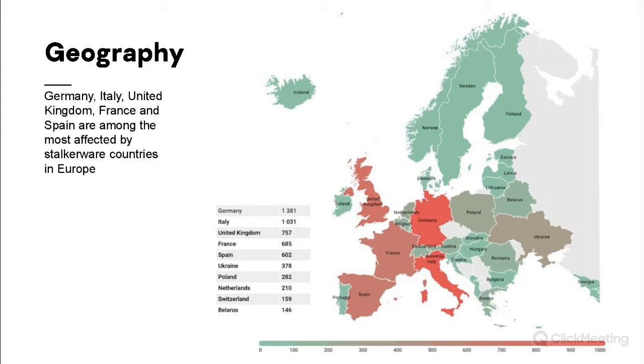And we can see in dark or bright red, Germany and Italy being the most affected countries, followed by France, Spain, and the United Kingdom. These are the top 5 countries, but we also see it in other countries like Ukraine, Poland, Belarus, Switzerland. And Stalkerware is definitely a problem that affects all of us in all the European countries. That is something we can say for sure.